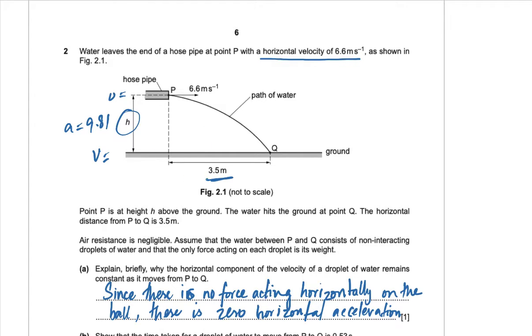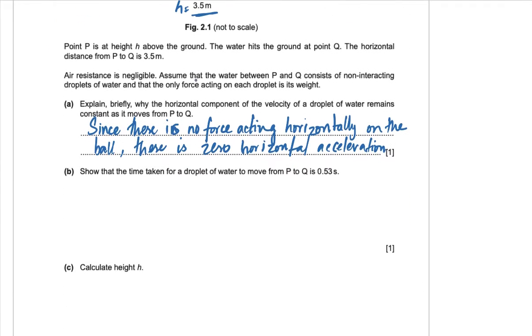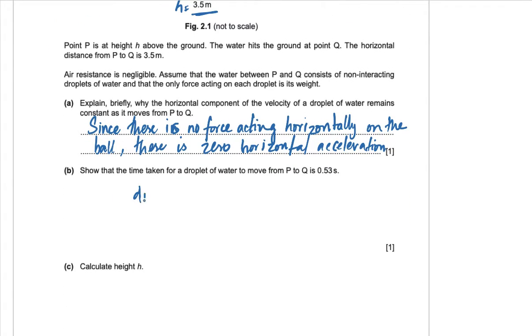Now, since we have been given the horizontal distance as well as the horizontal speed, we can consider only the horizontal component of this entire projectile motion. So I'm going to take the formula distance is equal to speed into time.